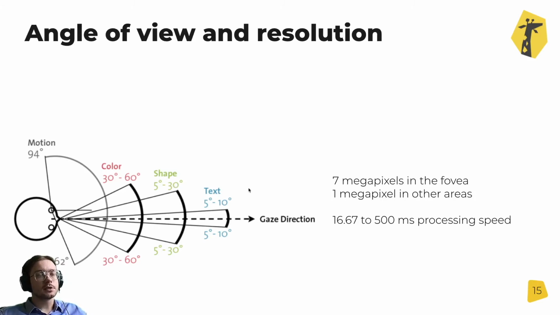Also, signals from our optical system are processed with different speeds, and motion is the most rapid thing, which is processed with the least delay, and more detailed information takes up to 500 milliseconds.